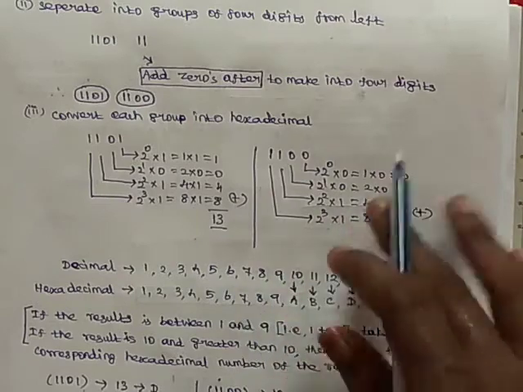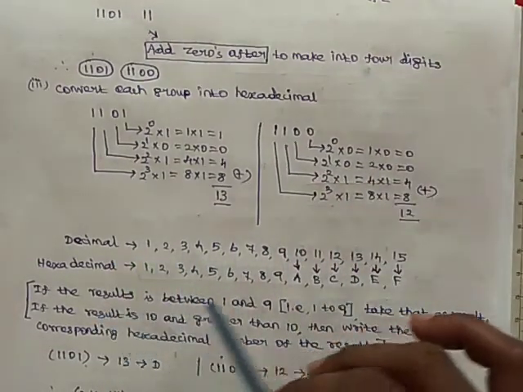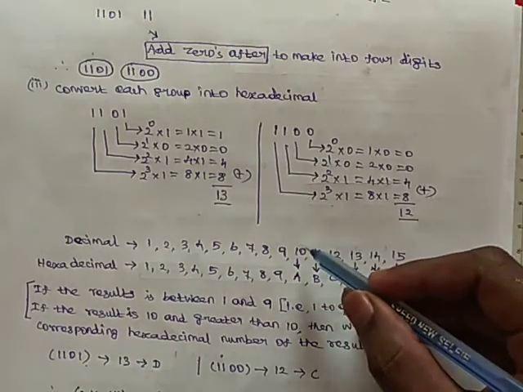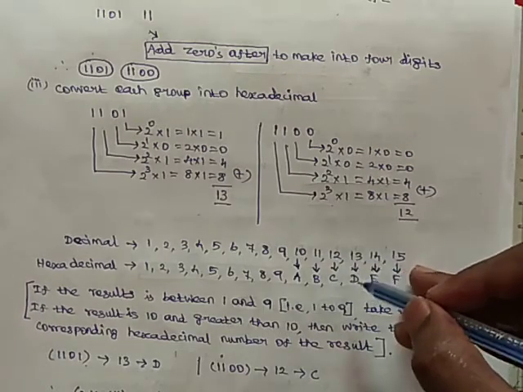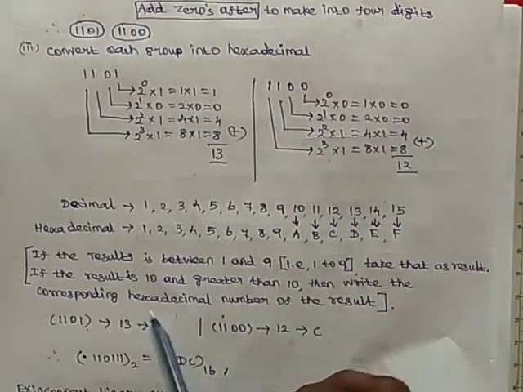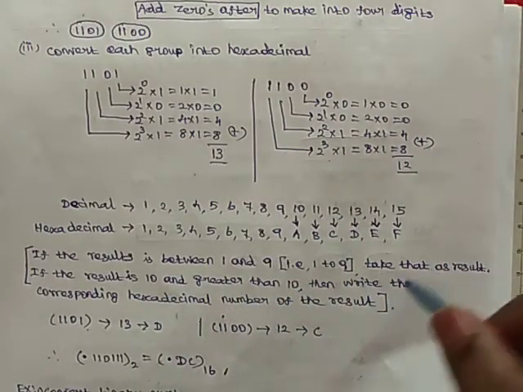We know that after 9, the hexadecimal for the decimal 10 is A, for 11 is B, for 12 is C, for 13 is D, and so on. Note one point: if the result is between 1 and 9, take that result as such.